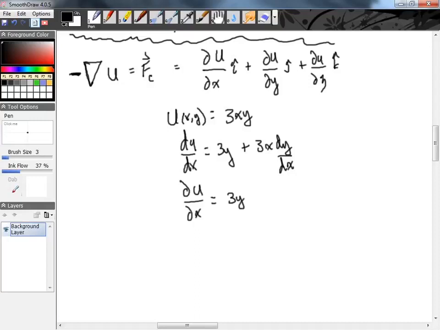That's it. 3y is the constant, and the derivative of x is 1. Okay. Partial u over partial y equals 3x.